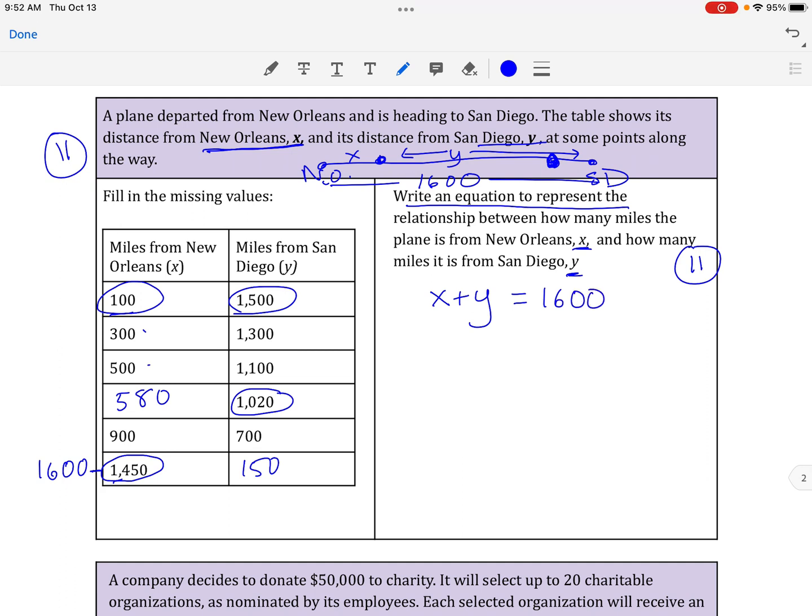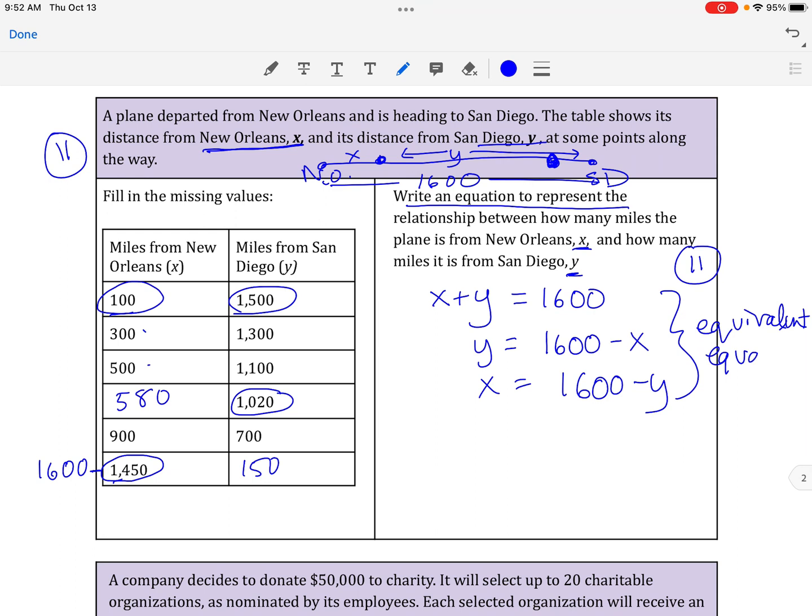Or we might say the distance from San Diego is equal to 1,600 minus the distance from New Orleans. Or we might say x equals 1,600 minus y. These are what we call equivalent equations. And so those would all be correct ways to express the same equation.